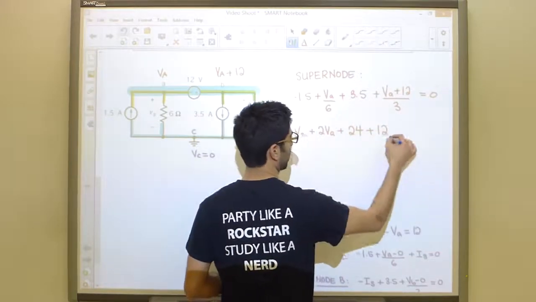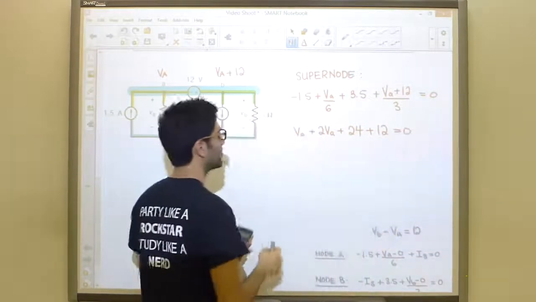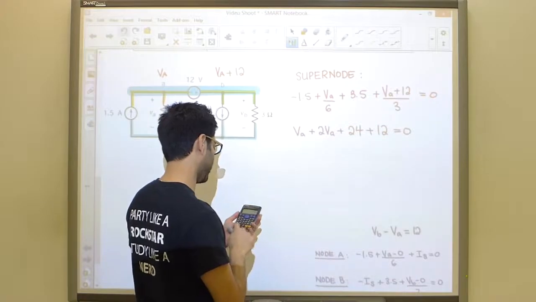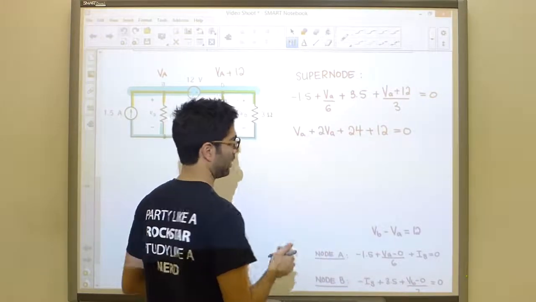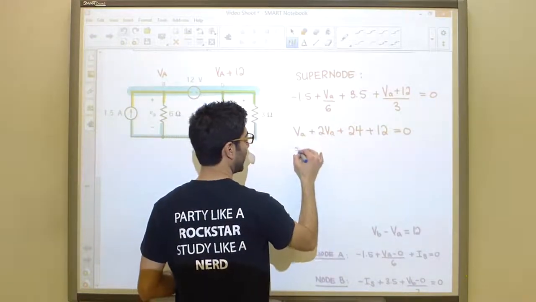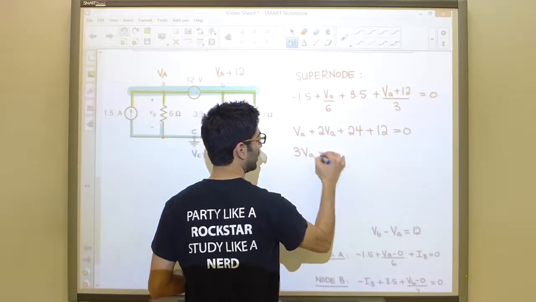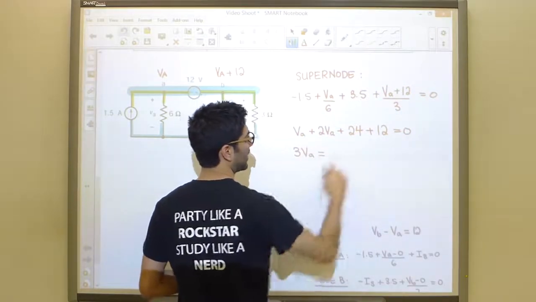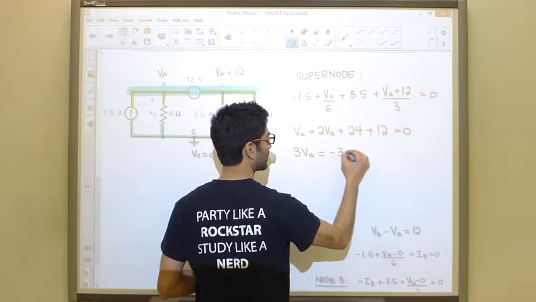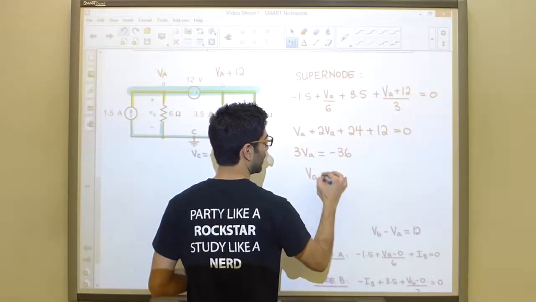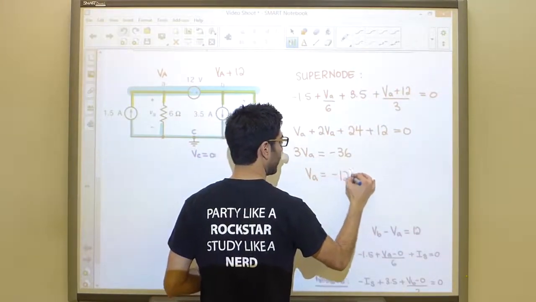So I'll take it to the other side all at once. Let's make sure we did that right. 3.5 minus 1.5 multiplied by 6 is 12. So we get 3VA equal to negative 36. So VA is going to be equal to negative 12 volts.